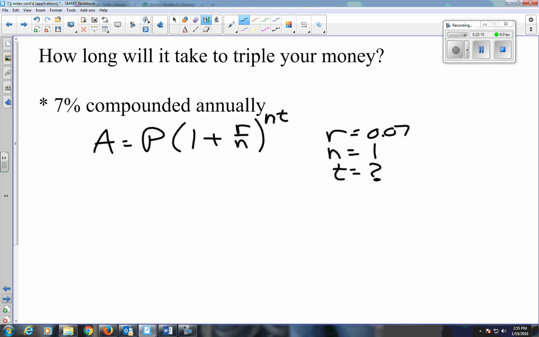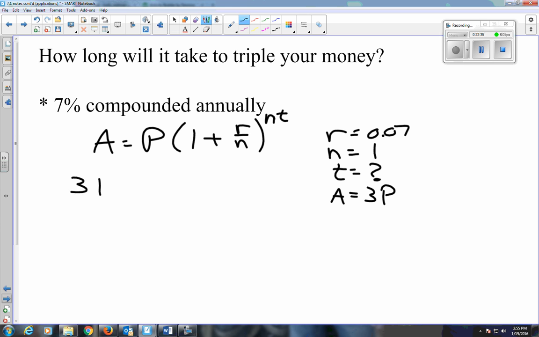So here's what we're going to do. If I invest $P, when I triple my money, how much is my amount going to be? 3P, right? Take 3 times what I invested, it's triple now. That makes sense? Okay, so let's fill in what we got.